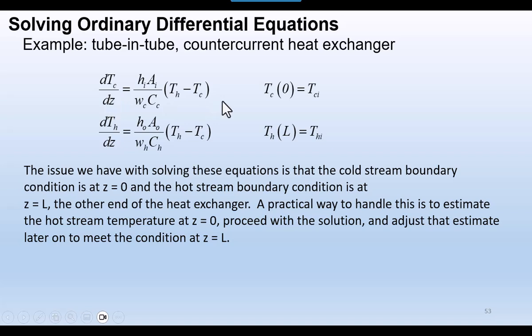We integrate this across the length of the heat exchanger, and we end up getting a value of the hot stream at the inlet temperature, and we have to compare it to what the correct value is, come back and adjust our guess for the outlet hot stream until these match. So it's a similar situation that we just illustrated. It's just a little more involved.